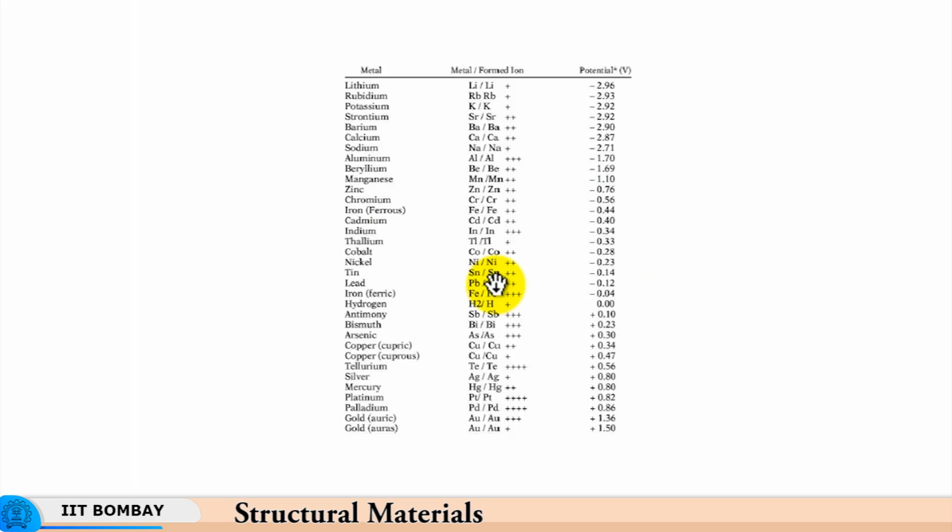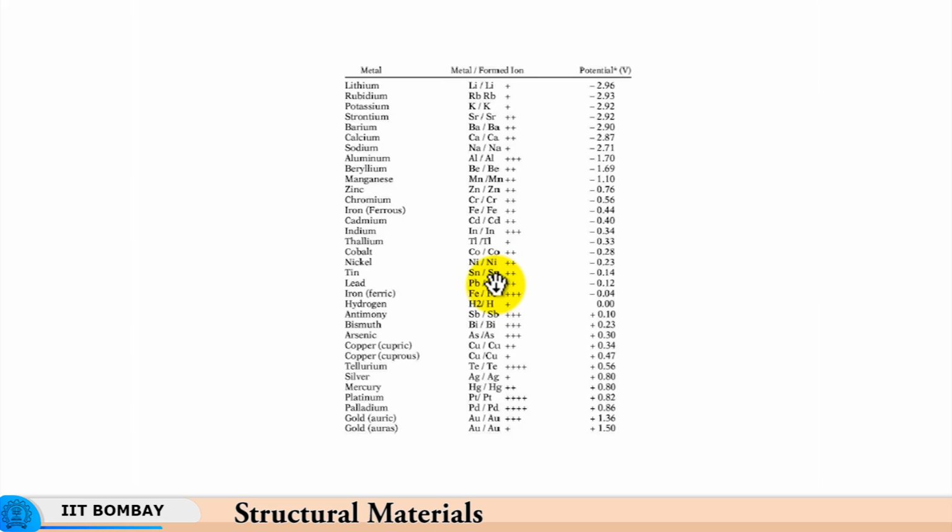So, this is a typical series giving you the potential that is generated during oxidation, and you have lithium going to lithium plus as it has a very high negative oxidation potential, whereas if you go to gold, it has a relatively high positive potential for oxidation.